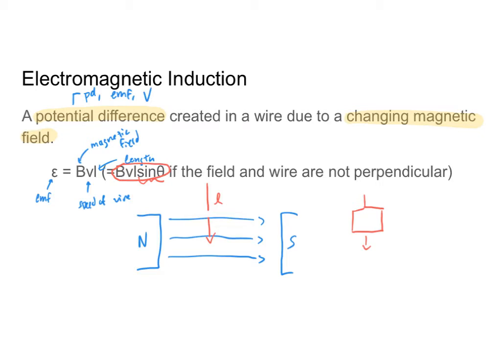So if we are set at some kind of an angle to that magnetic field, we take the sine of that angle theta to figure out the proportion of our wire that is perpendicular to that magnetic field, and the proportion of that magnetic field that we actually have to look at when figuring out our electromagnetic induction.